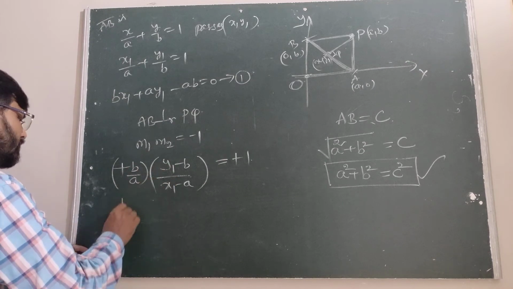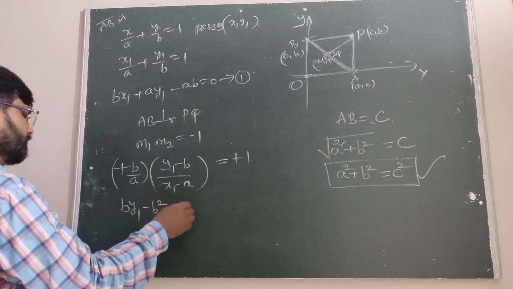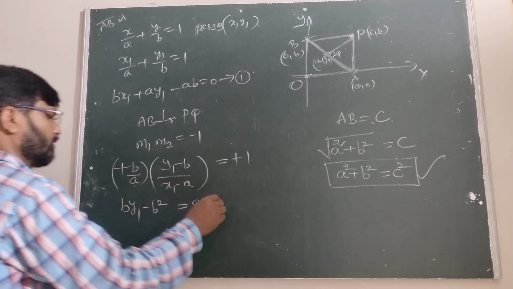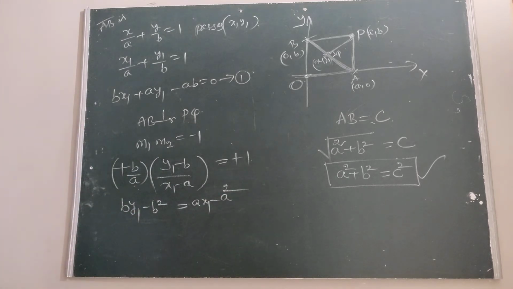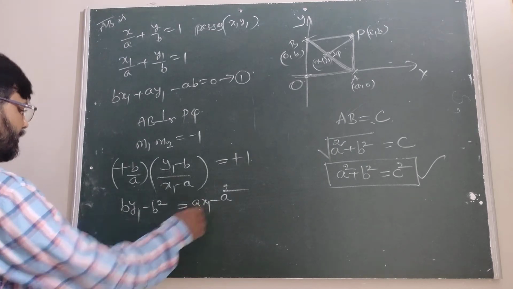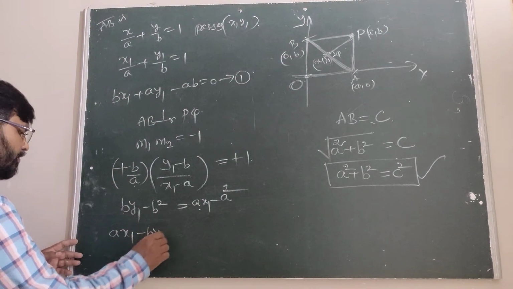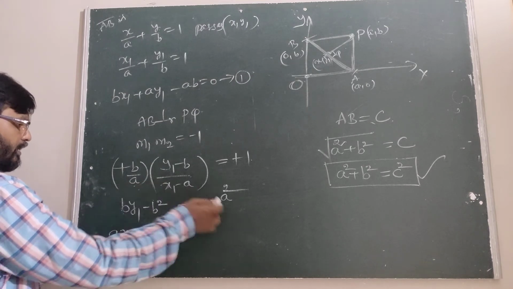Now this gives by1 minus b square equals a into x1 minus a square. Now this can be written as ax1 minus by1, sending to the other side.